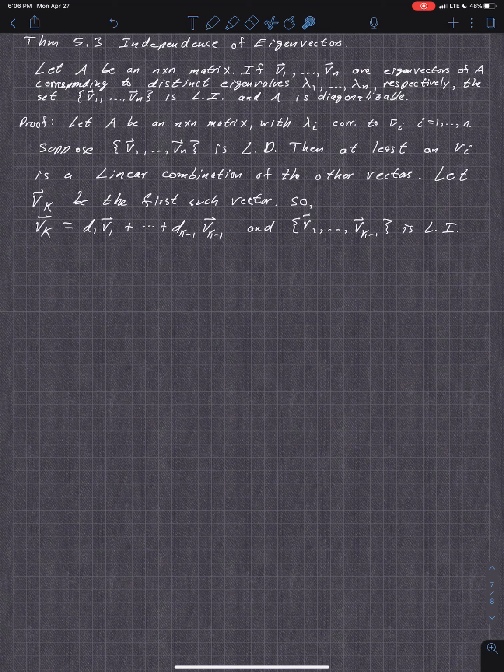So you're going up, saying all these are independent, but the kth one is dependent. Keep in mind that equation.